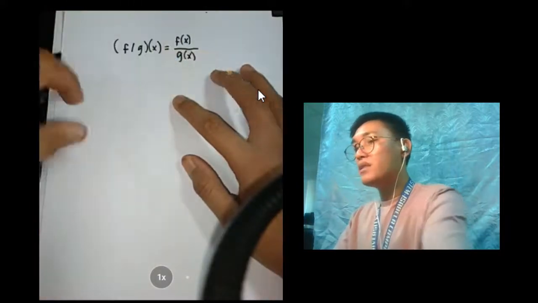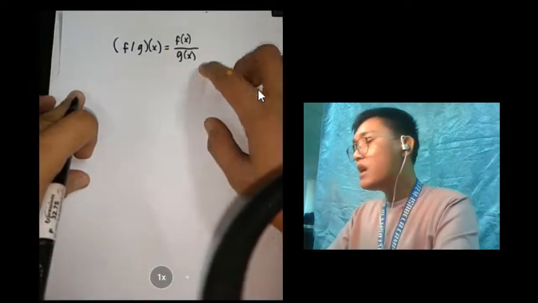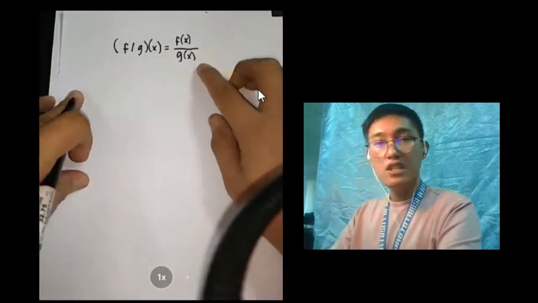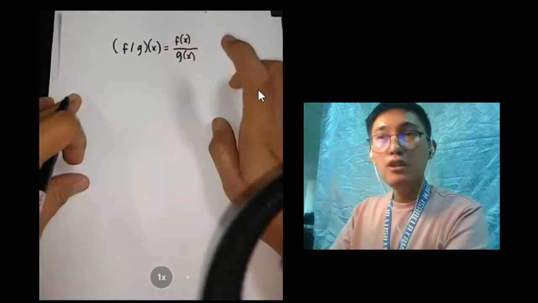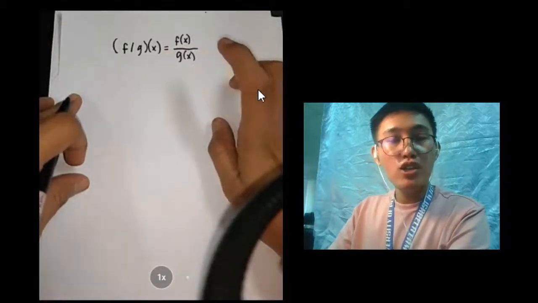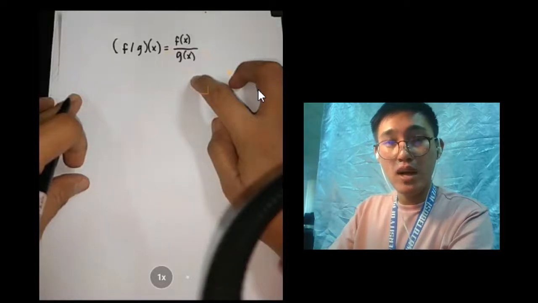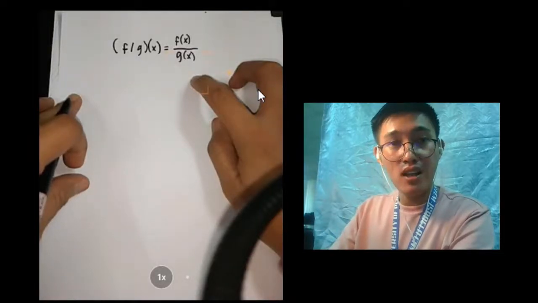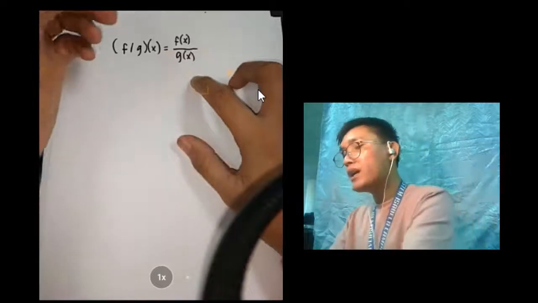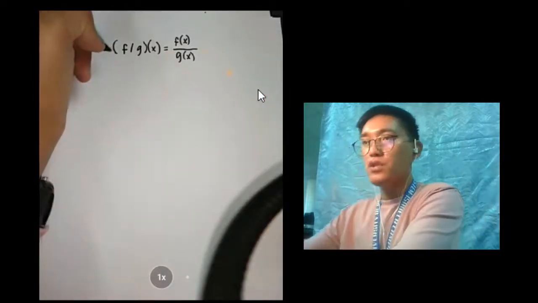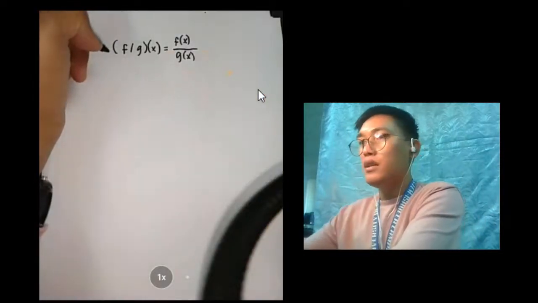That is the proper denotation, f of x divided by g of x. Now, in doing division on functions, you just have to review your basic algebra like factoring and cancelling or dividing. So we have here the first illustration on the division on functions.